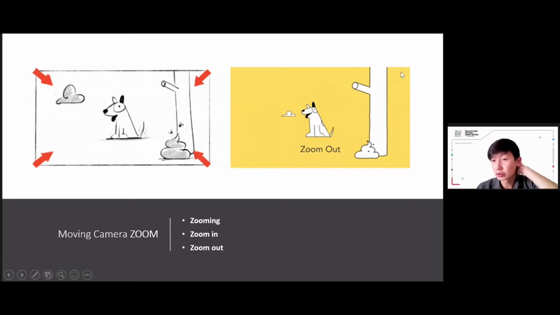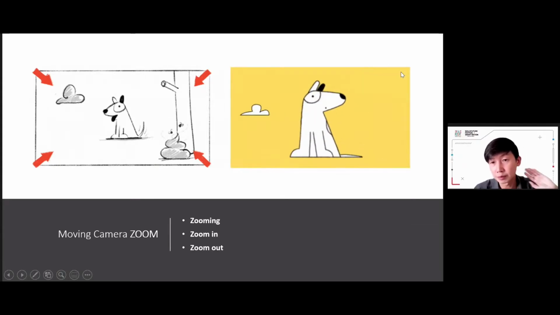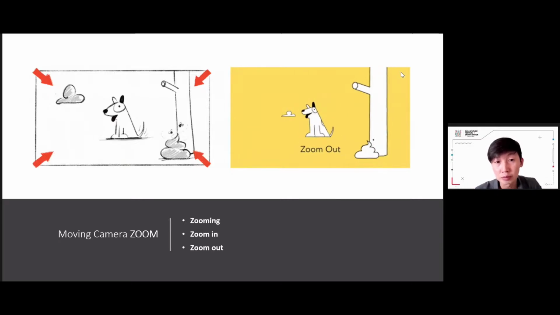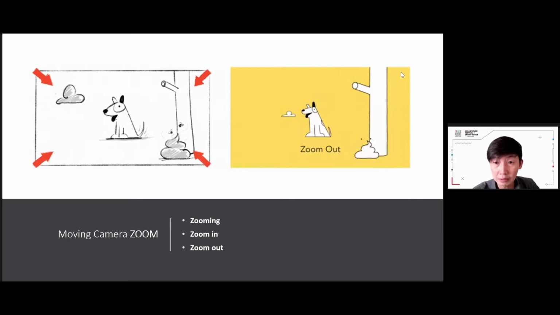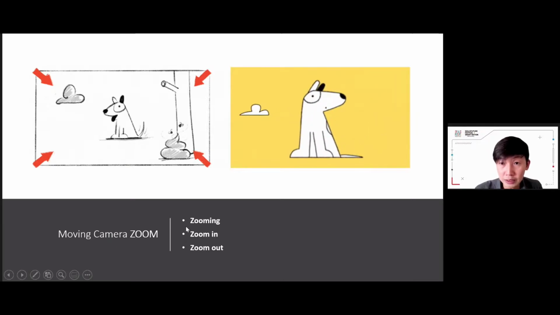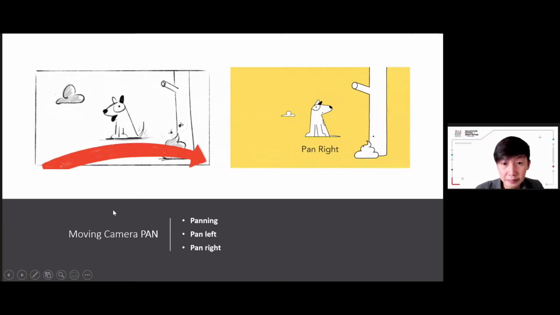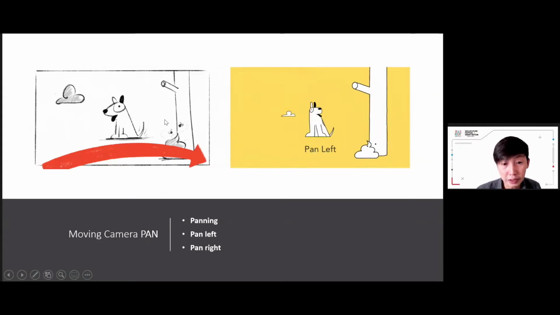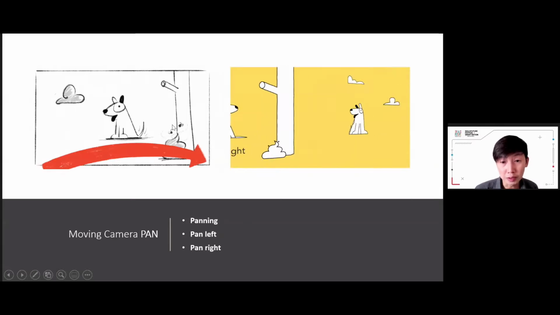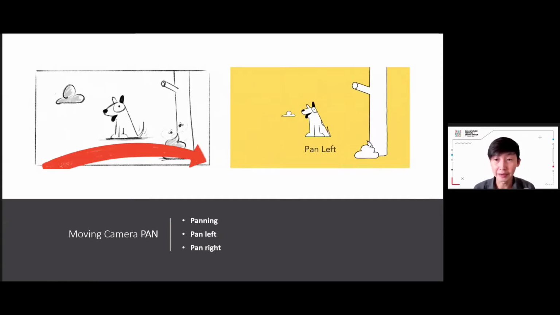We all watch shows, so you will definitely be familiar with this, right? This is a zoom, you will be zooming in or zooming out. So this is a zoom in here. This other moving camera we call a pan. It will be either a pan left or pan right.